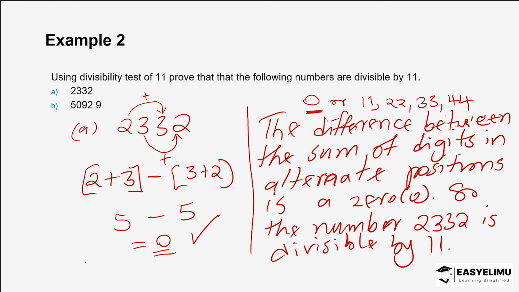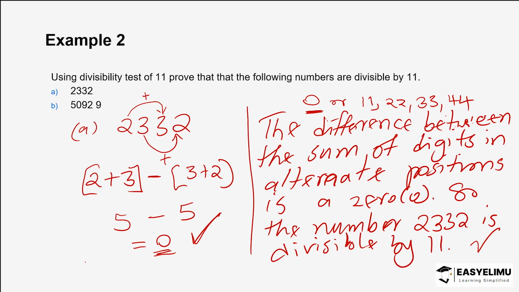So you have to restate the condition and say the difference between the sum of digits in alternate positions is a 0. So the number here is divisible by 11. You restate the condition. That is the condition that you are looking for. So in this case, it's met. What if it wasn't? You'd have still restated, but now you'd have said the difference between the sum of digits in alternate positions is neither a 0 nor a number that is divisible by 11.